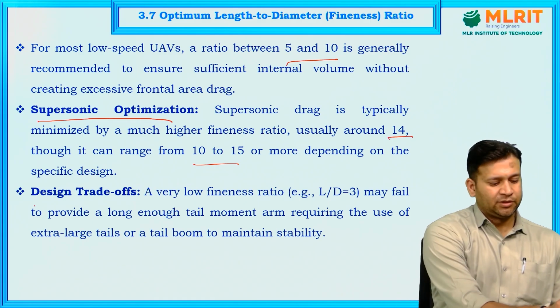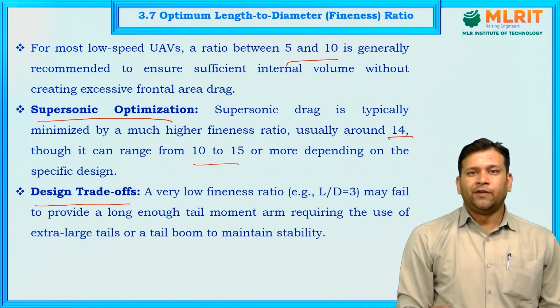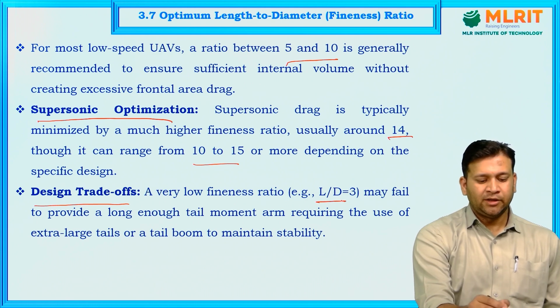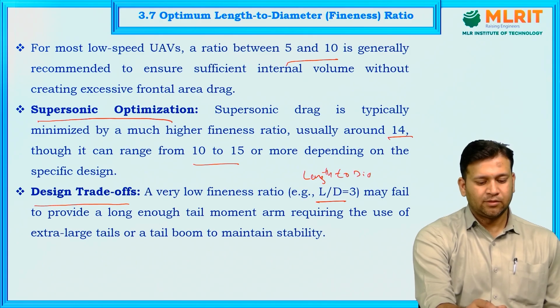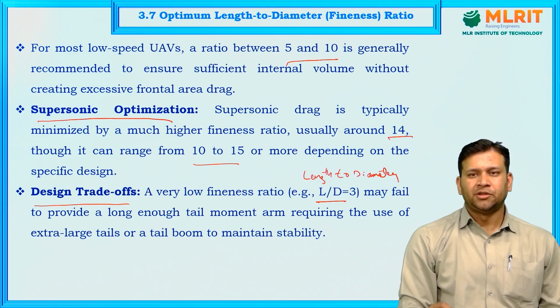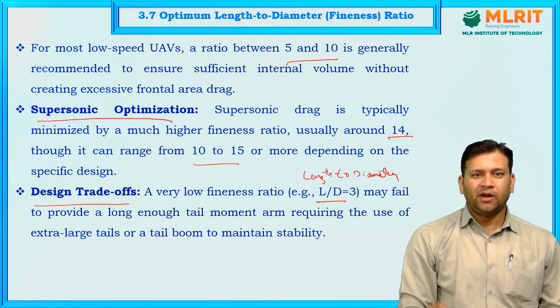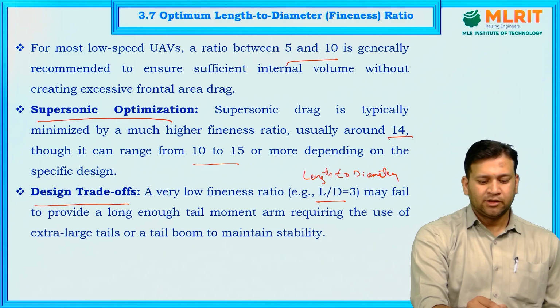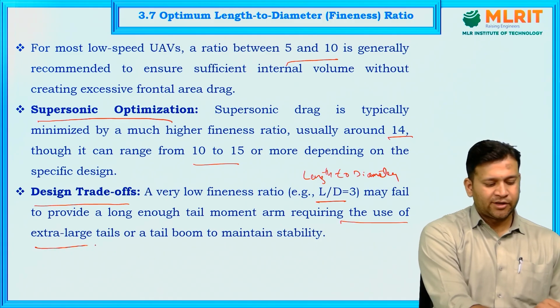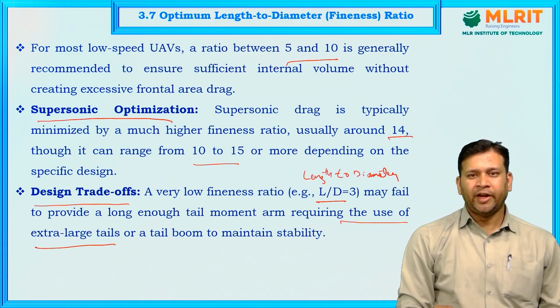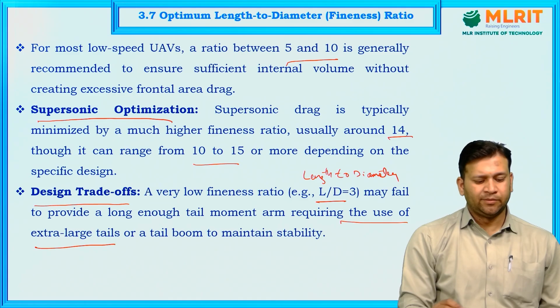Design trade-offs: a very low fineness ratio, for example L by D equals 3, that is length to diameter equals 3, may fail to provide a long enough tail moment arm, requiring the use of extra large tails or a tail boom to maintain stability.